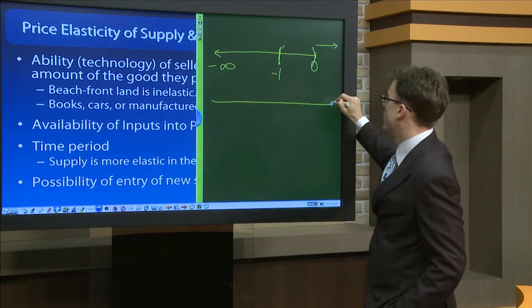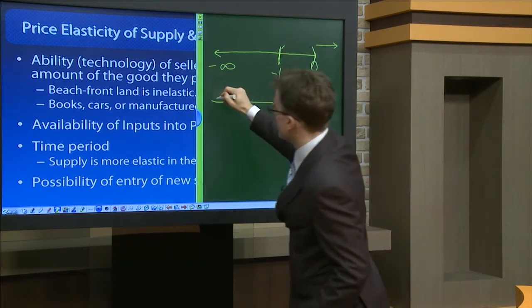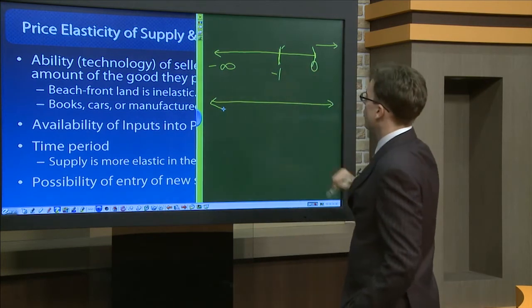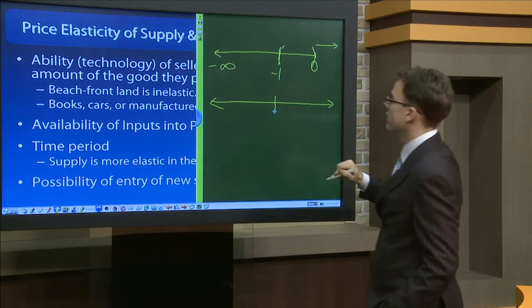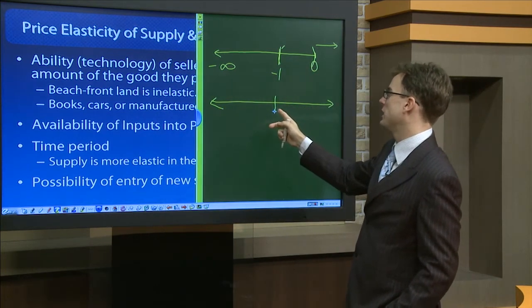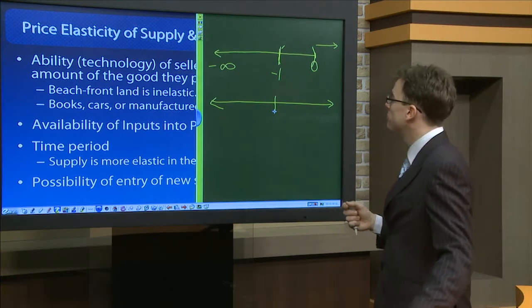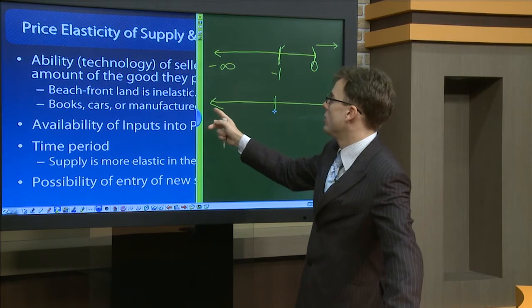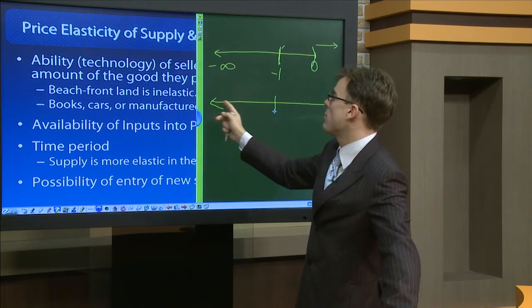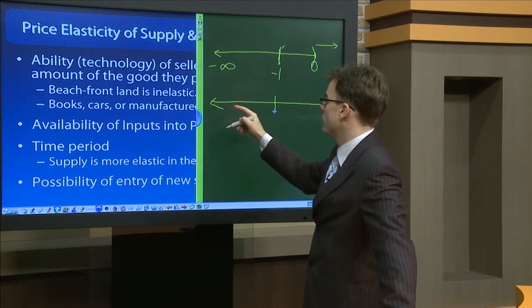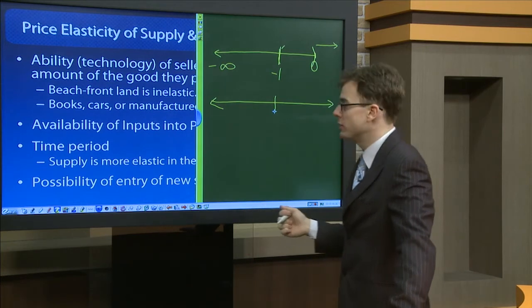For income elasticity of demand, we could distinguish the cases when income elasticity of demand is positive, which happens for normal goods, and when income elasticity of demand is negative, which happens for inferior goods.